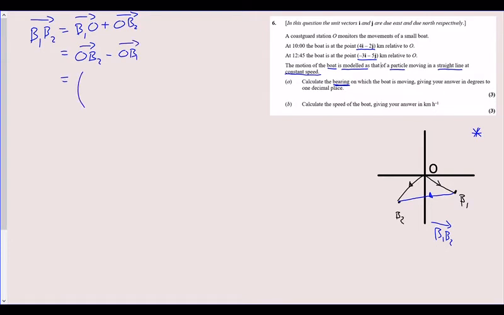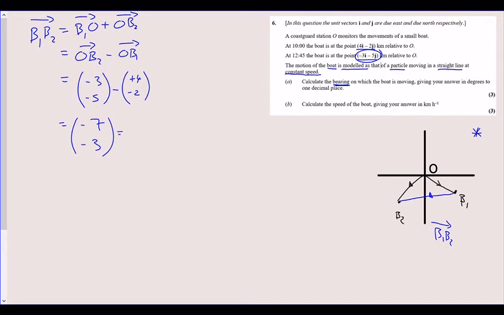So O to B2, which is this one here, (-3, -5), subtract (4, -2). So -3 minus 4 is -7, and -5 minus -2 is -3. So that's my vector in the line of direction of the boat.